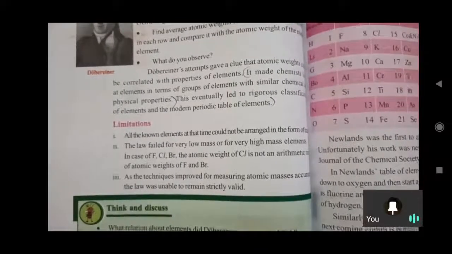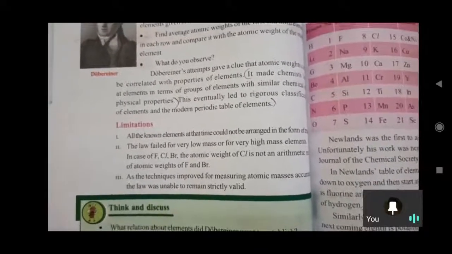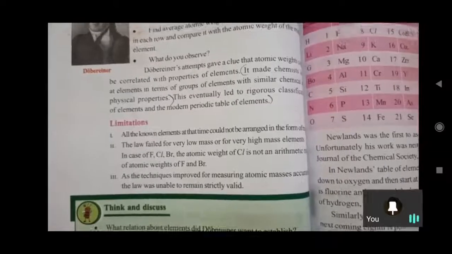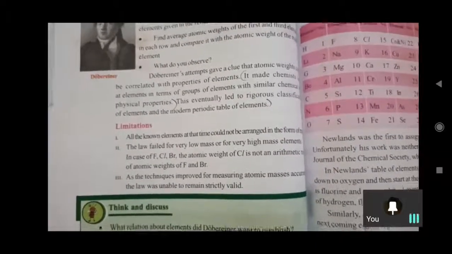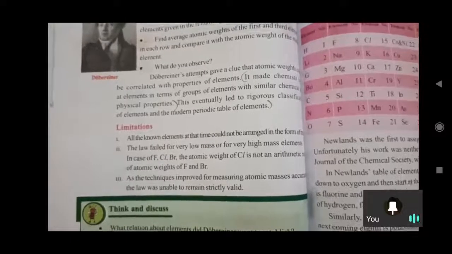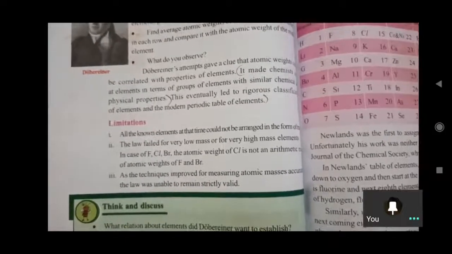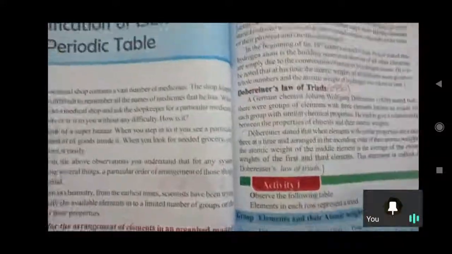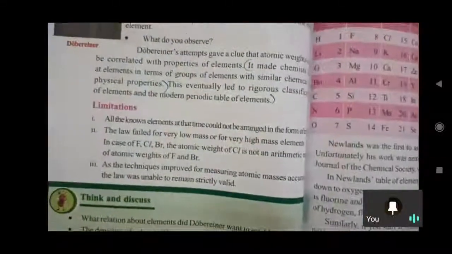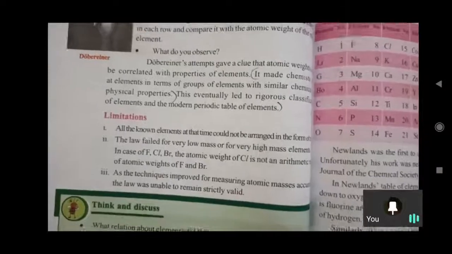That idea is helpful for the modern periodic table, but his law also has so many drawbacks. What are the limitations of Döbereiner's attempt and law of triads? It has so many.